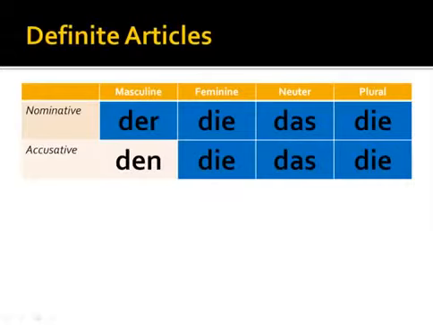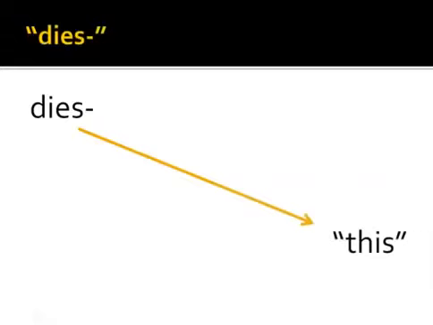This same pattern, this Oklahoma box, we'll find when we take a closer look at der words in a few seconds. So, what's a der word? A der word, dies, simply means this in German. You'll notice that I don't have an ending on there.